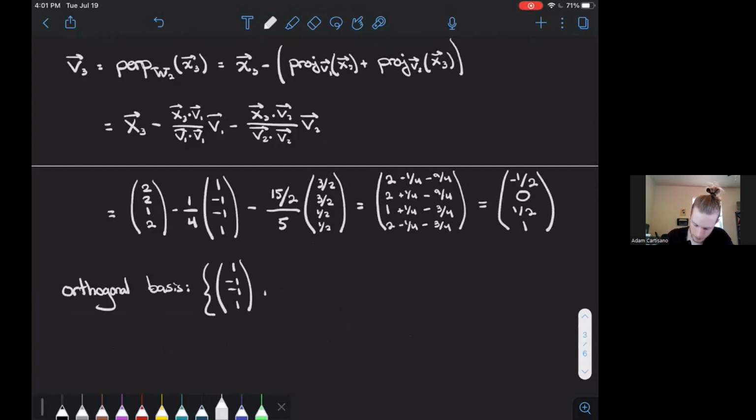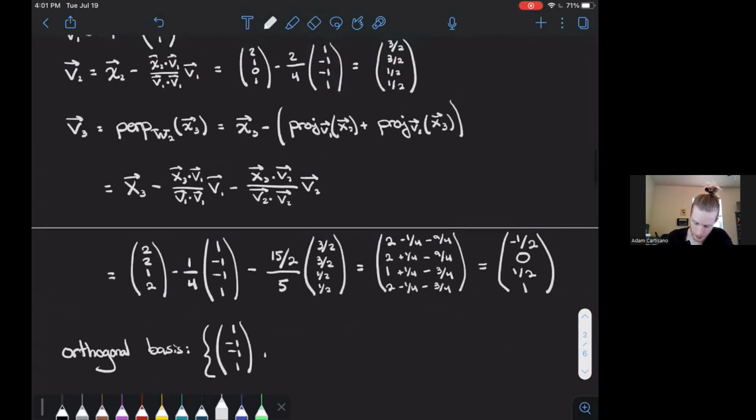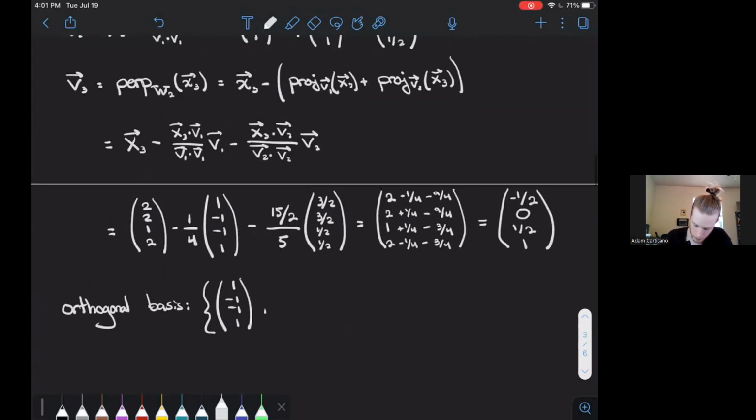And then we've got the one with the halves: 3 halves, 3 halves, 1/2, 1/2. And then the last one is negative 1/2, 0, 1/2, 1.